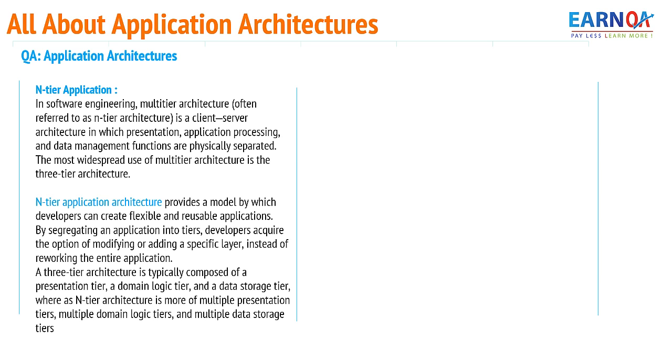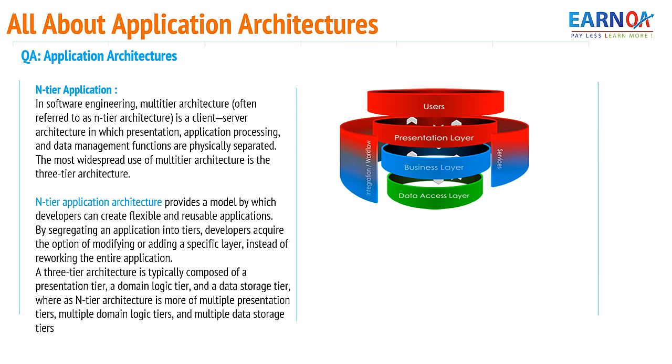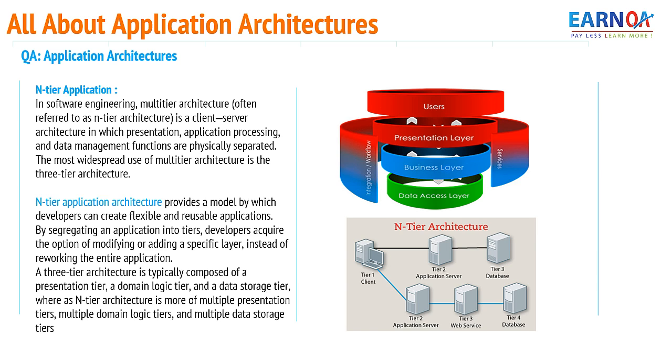There could be multiple application layers and multiple database layers. While we interact at the client side, the application server might need to handle multiple transactions, multiple user loads, and multiple data, so they could be segmented across multiple servers.